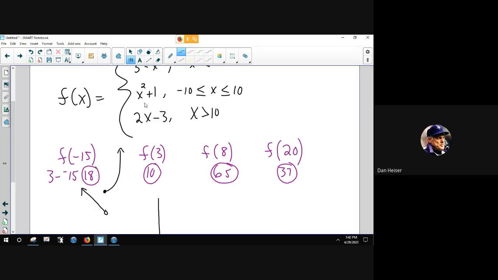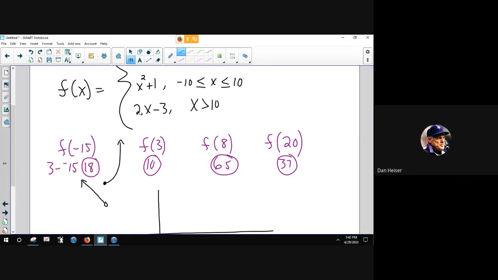That might not be. No, I need to back up. I need to watch my points here. So when x is negative 10, that would be 101. When x is negative 9, that would be 82.